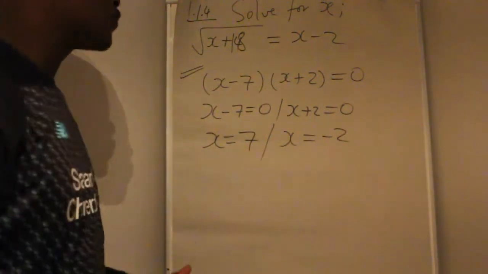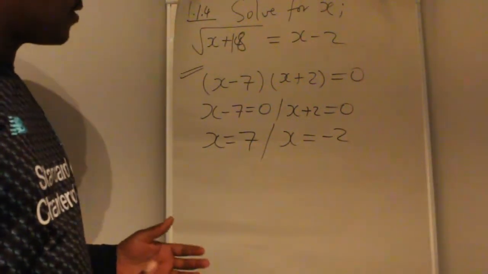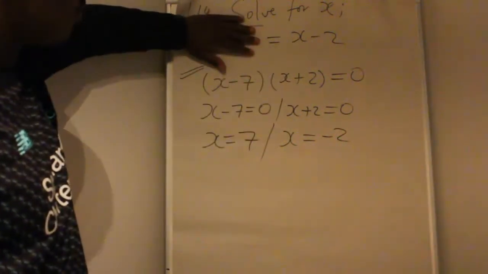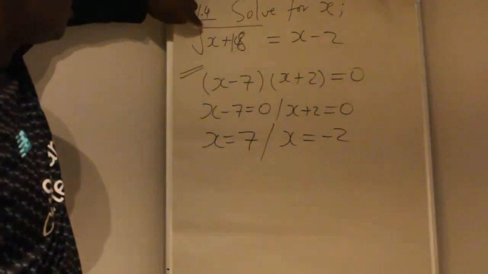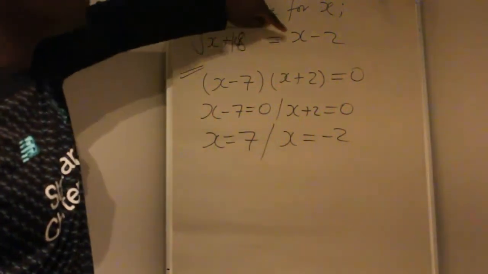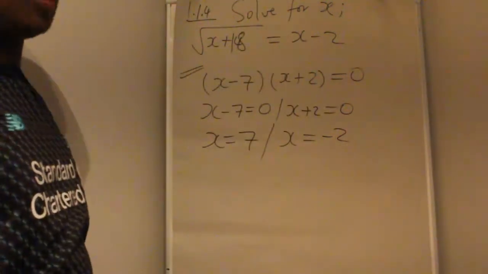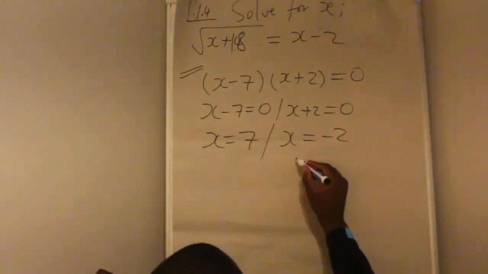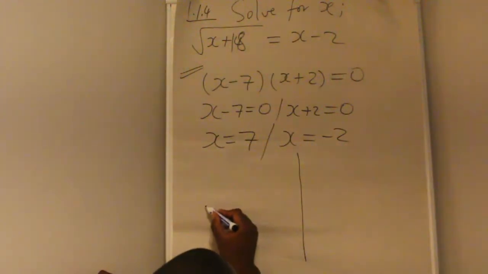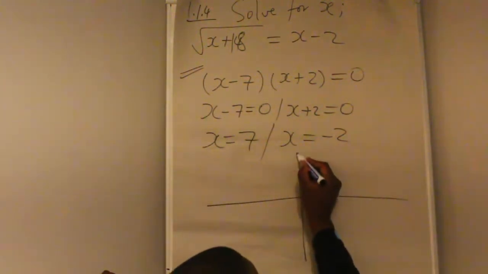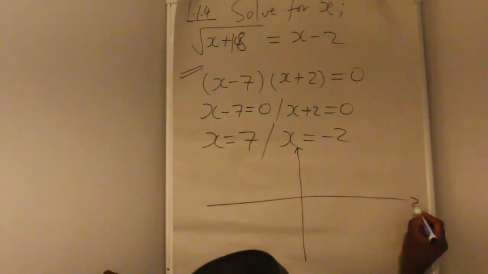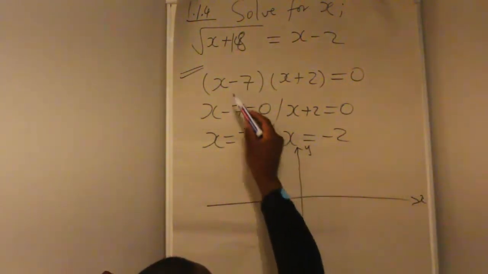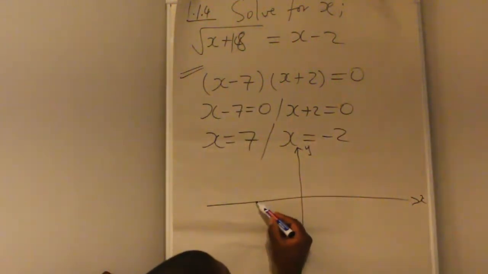What I'm going to do is give you the graphical view of these two equations. I'm going to draw the square root of x plus 18, and x minus 2. This is how the graph looks. So your y, your x. Your square root of x plus 18 starts somewhere here.